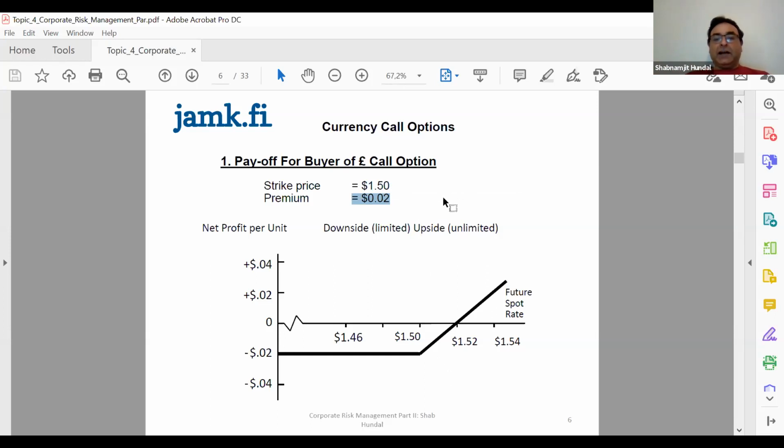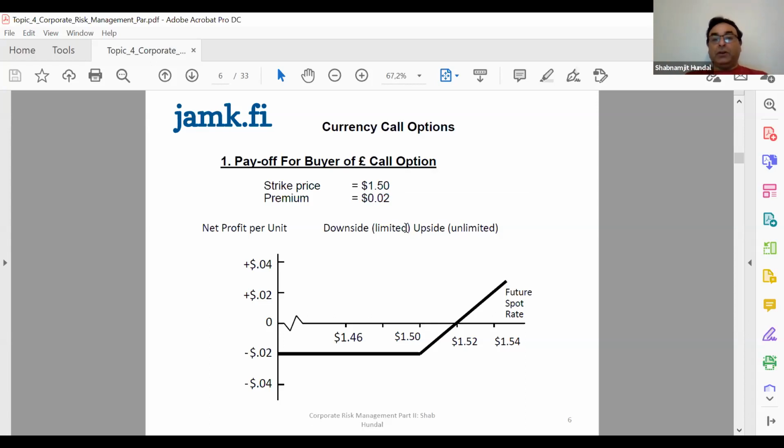So Annika, when you know the whole concept, I will not even count the 2 cents to make a decision to exercise or not, because the 2 cents will cost you anyway. You exercise the option, you don't exercise the option, this 2 cent premium is pre-included in the contract.